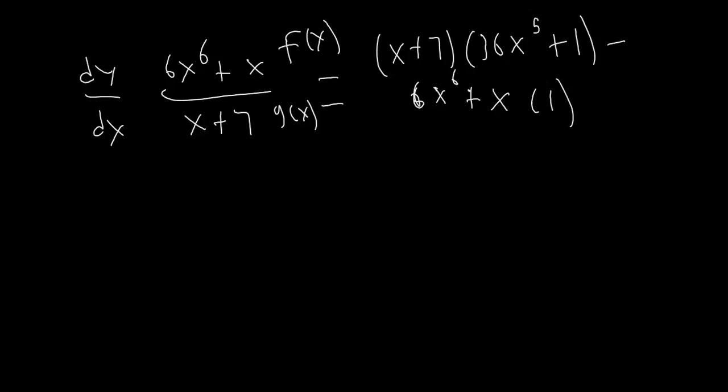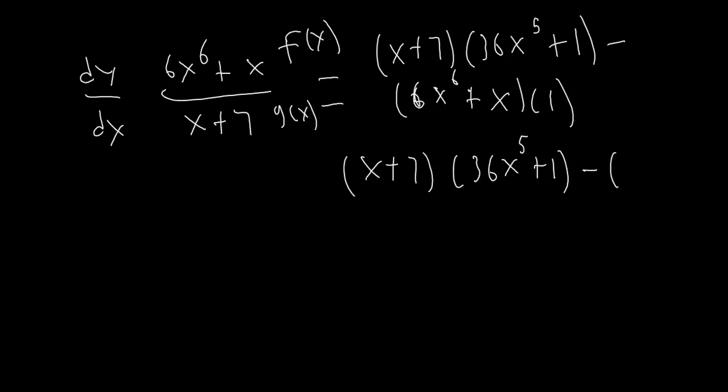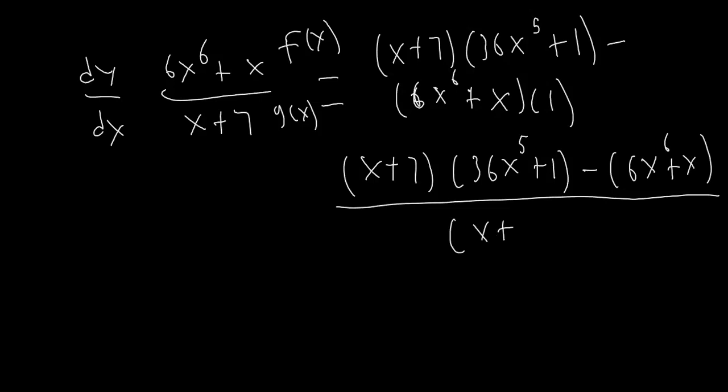Now I'll rewrite this whole thing over here, and I'll put this in parentheses to make it more clear. And then this is your answer. You can simplify this further, but it's not really necessary. And then we put x plus 7 squared in the denominator. So that's our answer.